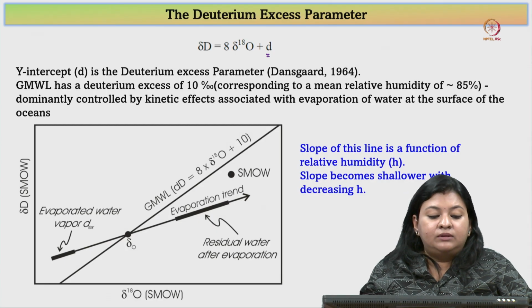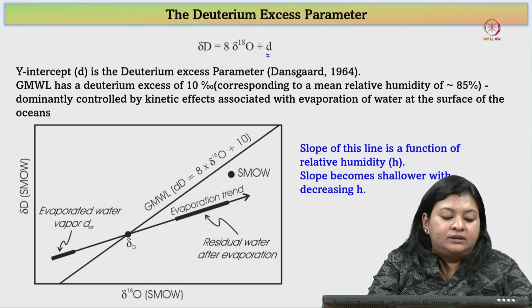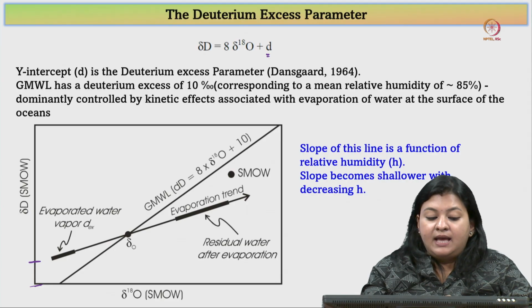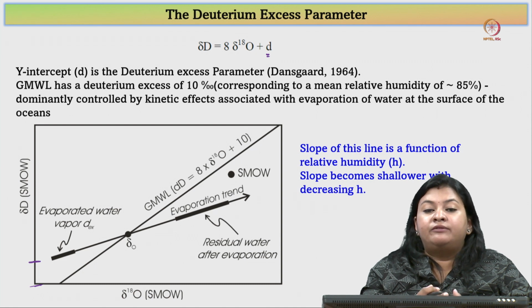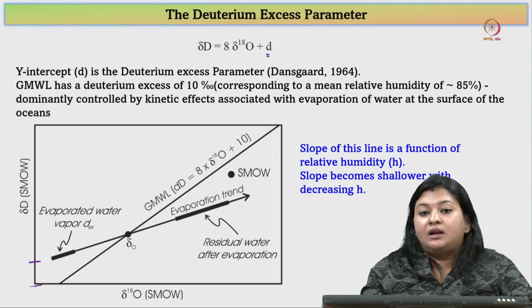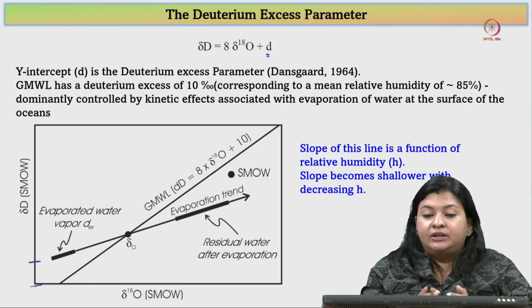Now, you can see that this d-excess value can change, the y-intercepts keep on changing, and it gives us an understanding of whether it is a more evaporative environment, what kind of climate, what kind of temperature there.